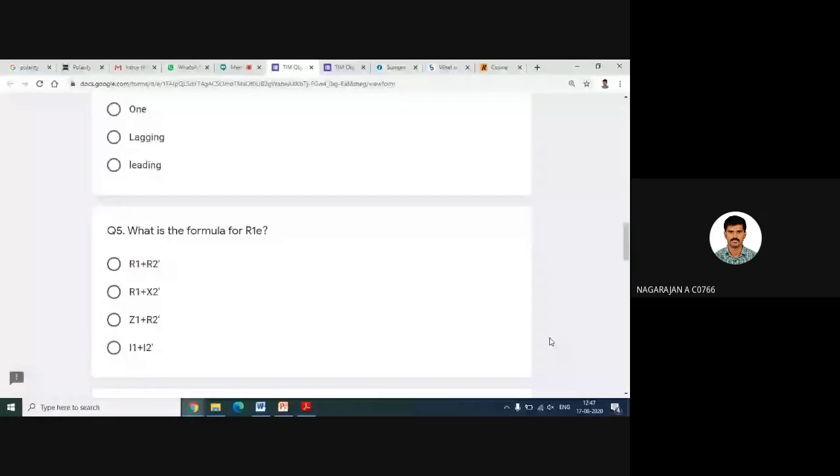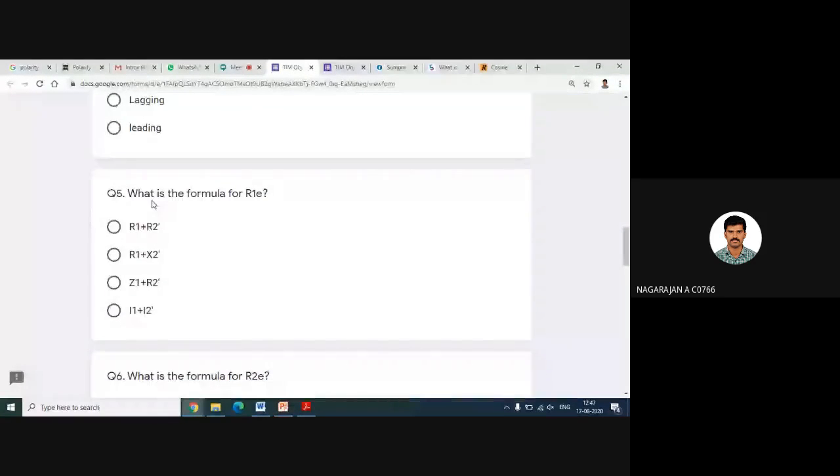Okay, next one. What is the formula for R1E? That is equivalent resistance referred to primary. So it should have only the resistive components. Here the only equation that consists of resistive component is first equation, R1 plus R2. Other terms, X2, that is reactive components. That one is impedance component.